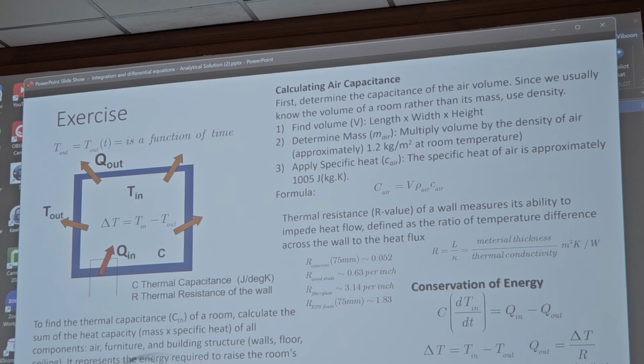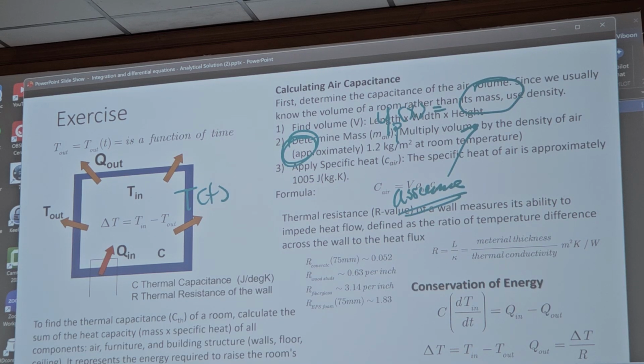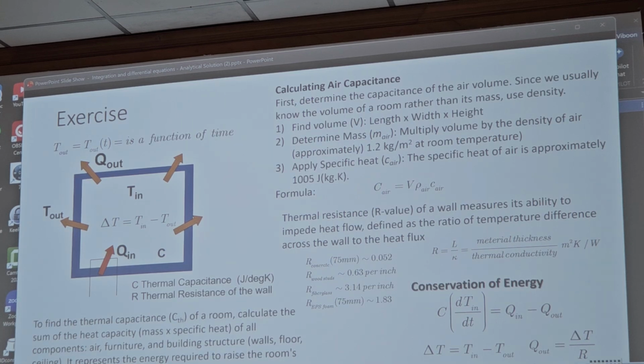Let's see. I want to find the temperature model of this room. We want to find T(t), T in. I want to find the solution of this one.